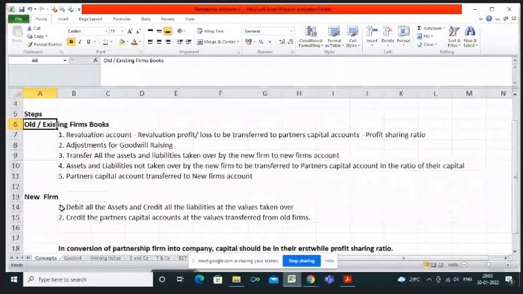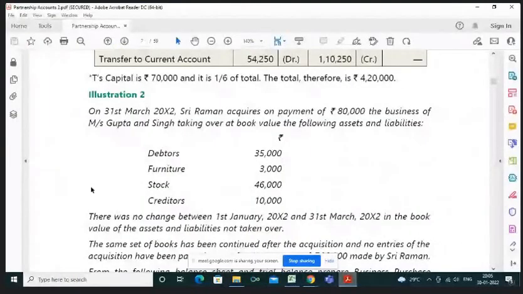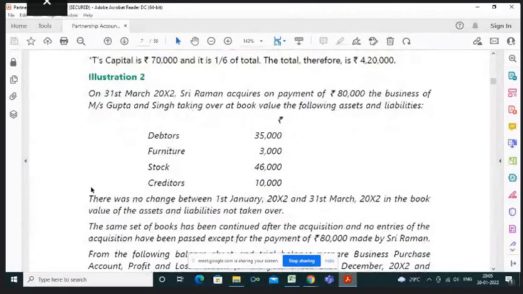The question is that on 31st March 2012, Sri Raman acquires on payment of rupees 80,000 the business of Messrs. Gupta and Singh, taking over at book value the following assets and liabilities: debtors 35,000, furniture 3,000, stock 46,000, creditors 10,000. There was no change between 1st January 2012 and 31st March 2012 in the book value of the assets and liabilities not taken over.